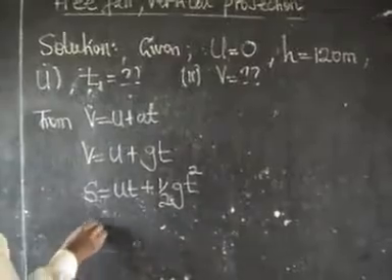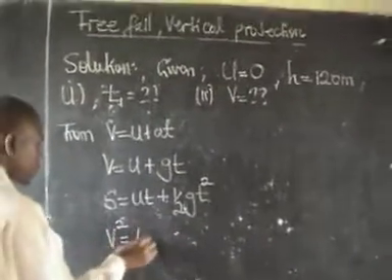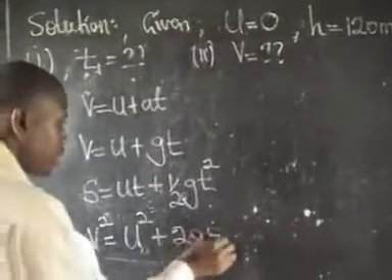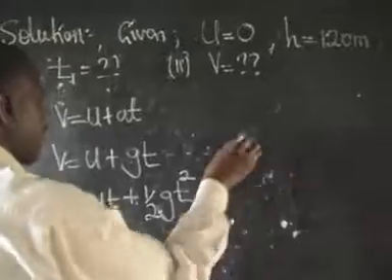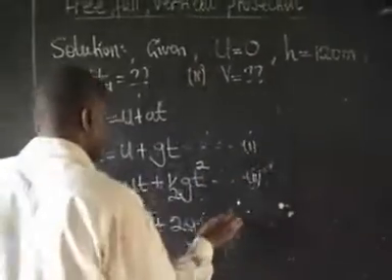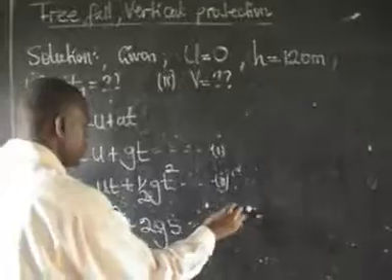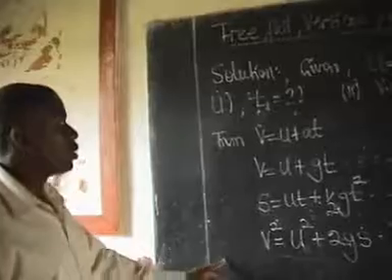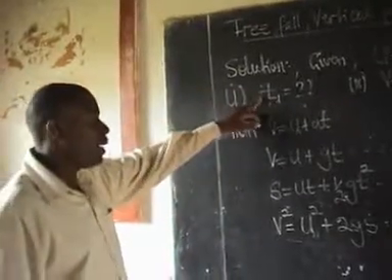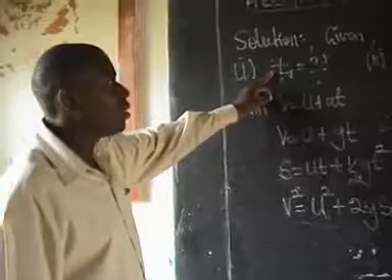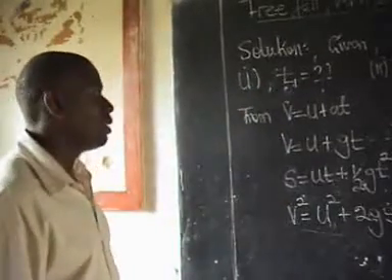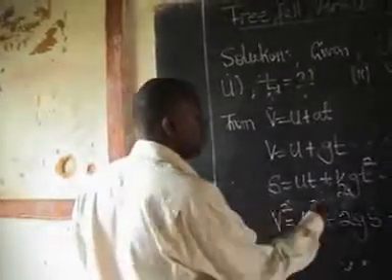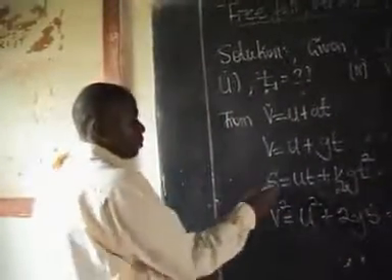And lastly, the third one will become v squared equals u squared plus 2gs. These are the equations that we are going to use. The question will dictate which equation to use. In the first case, we want to find the time. We are given the initial velocity and also the height. Therefore, the equation which we are going to use is the second equation.